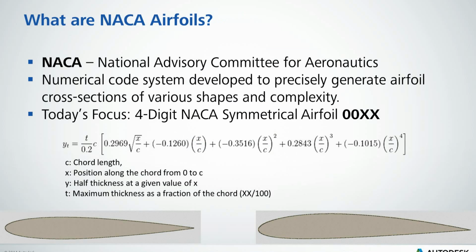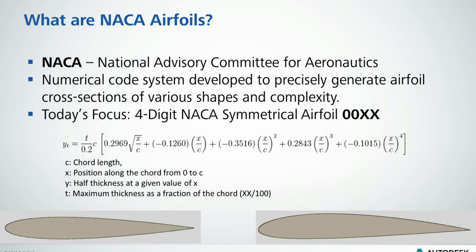From there, we'll start diving into NACA airfoils themselves. NACA airfoils date back to the National Advisory Committee for Aeronautics, basically a predecessor to NASA. They created a whole code system to define different airfoil shapes.